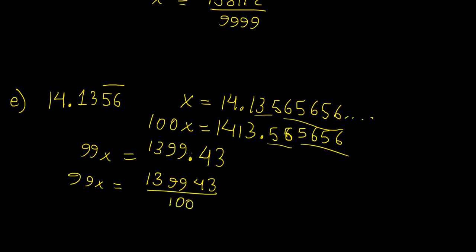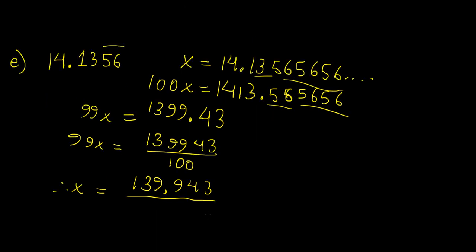Remember that we need to still keep the same number. So we're converting this one to a fraction first, and now we can say x is going to be equal to 139,943 over 100 times 99, which is going to be 9,900. And just for the sake of argument, let's check that against our calculator to see what we get.